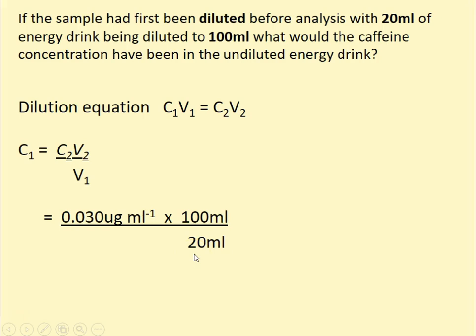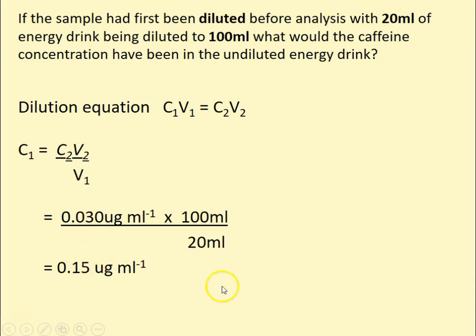So you can see that your original concentration was 5 times, 100 on 20 is 5, 5 times more concentrated than the diluted one that you tested. So just keep an eye out that you've got these around the right way. This should be a larger number than that if you had a concentrated solution. If this was in your energy drink originally and then you added water.